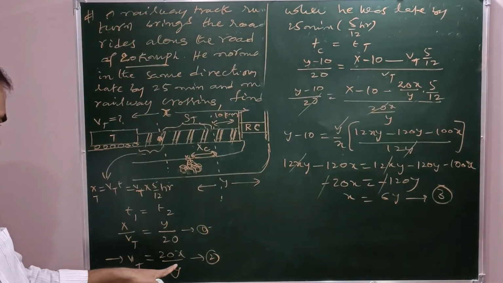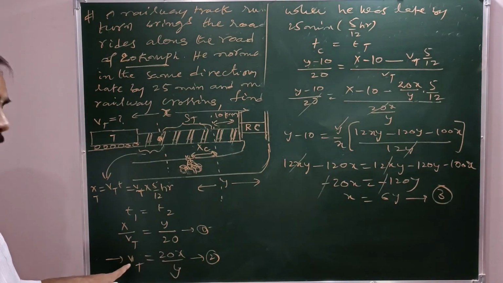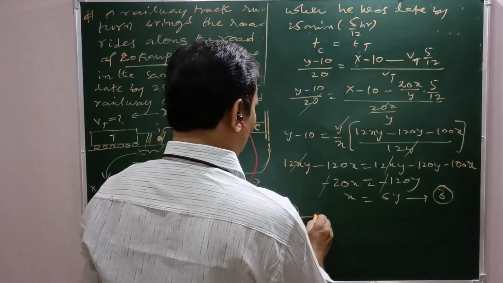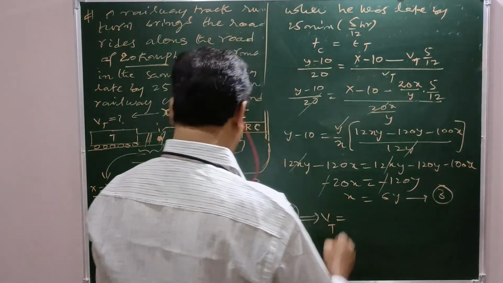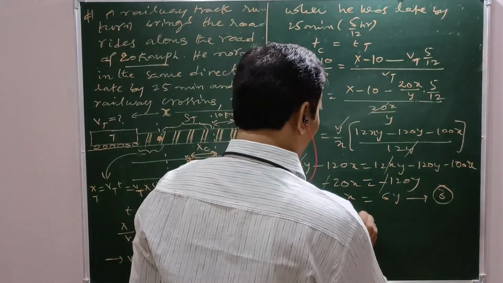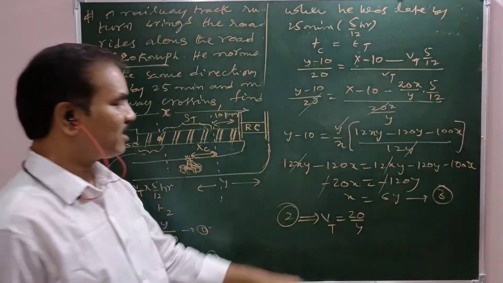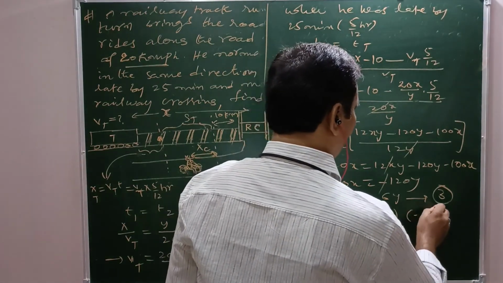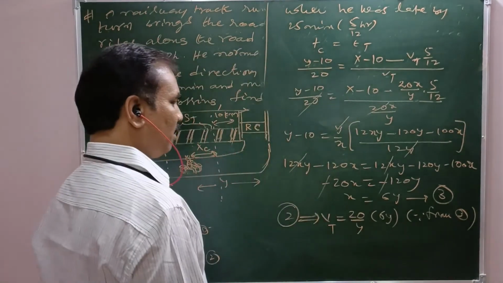Now replace x by writing 6y in the second expression to get the velocity of the train. So from 2, Vt, the velocity of the train, equal to 20 by y into x. What is x? 6y, from the third expression.